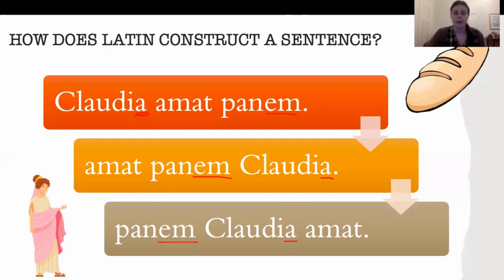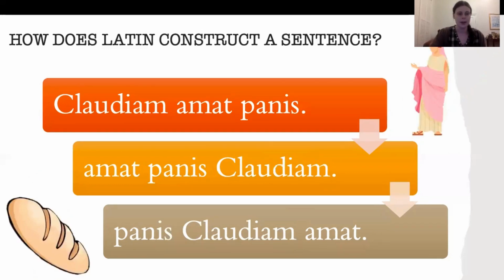So, if we wanted to flip this sentence the same way that we flipped Cindy loves cake to cake loves Cindy, we'd have to do it in a different way. We would do it like this. Claudiam amet panis. Bread loves Claudia. Now, if you are a particularly keen observer, you might notice that the endings have changed, right?